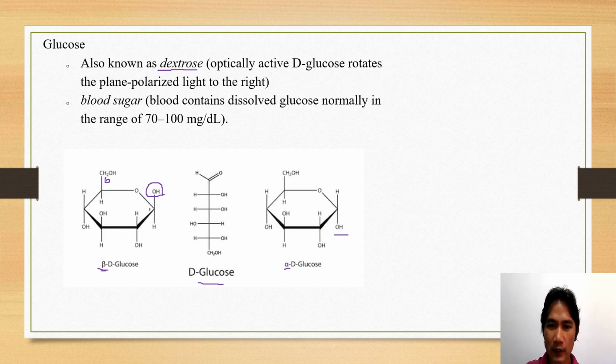Whereas if the OH on carbon number 1 is at the opposite direction, or downward, then we have an alpha. If the OH on carbon number 1 is above, then we have what we call beta.